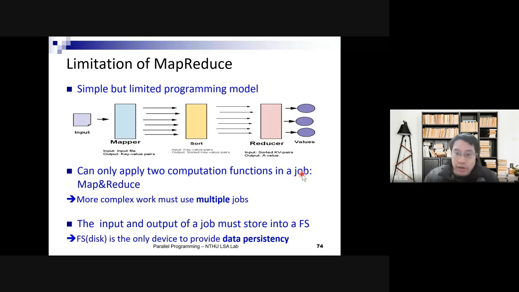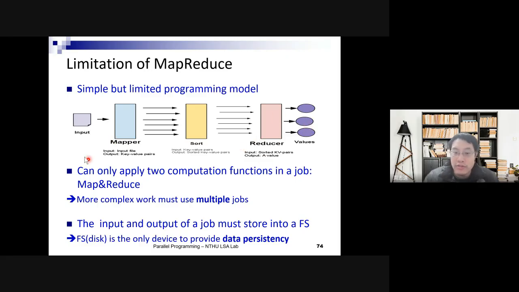So from there, you can see the problems of MapReduce, right? First of all, it's a very limited programming model. A MapReduce job can only do map and reduce. That's all. If you want to do multiple maps, you have to write multiple MapReduce programs and run multiple MapReduce jobs. Secondly, the inputs and outputs must all be stored on a distributed file system.